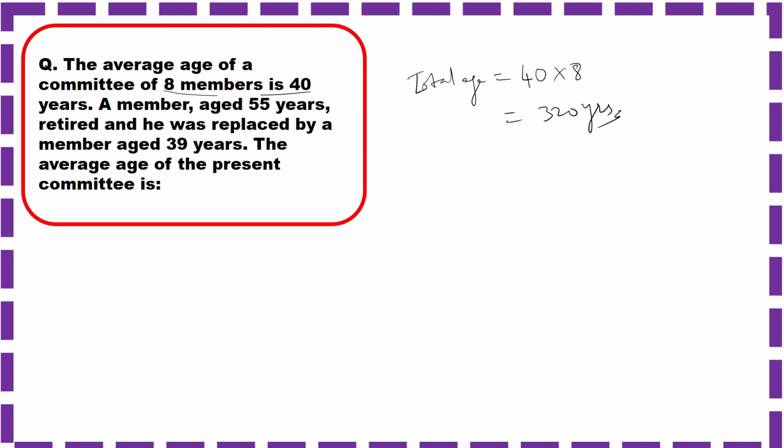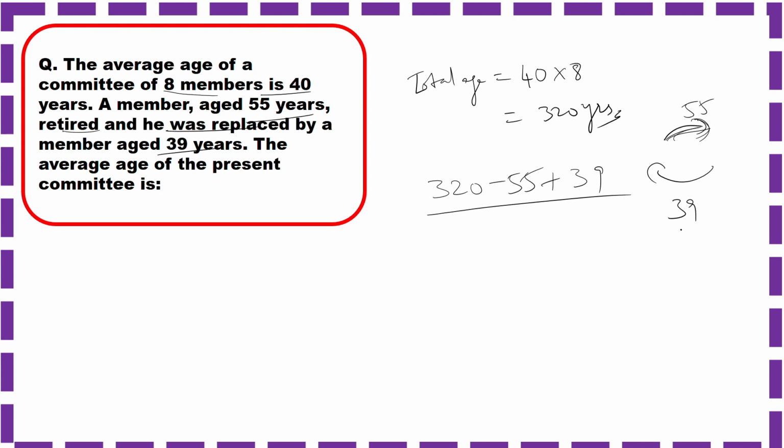Now what happened? A member aged 55 years retired and he was replaced by a member aged 39 years. So 55 years is out, 39 years is in, right? So 320 minus 55, because he is going out, he retired, and he is coming in, so plus 39.